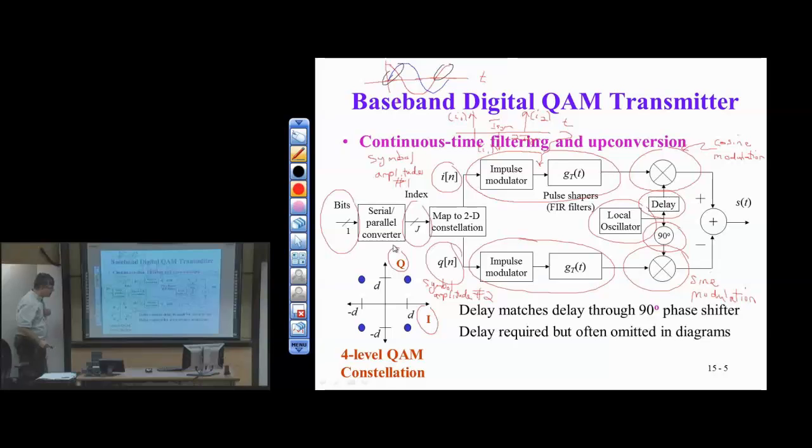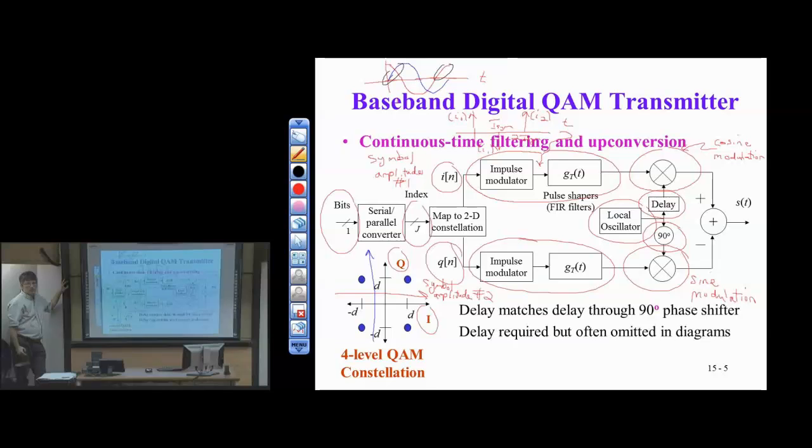But if you look at this 2D constellation map, along the in-phase component, along this direction, I have 2 PAM. And along the vertical direction, I also have 2 PAM.